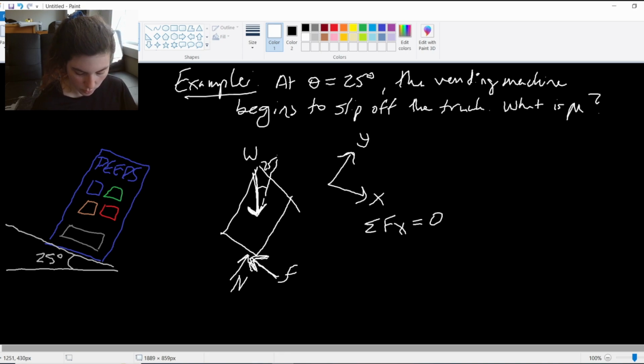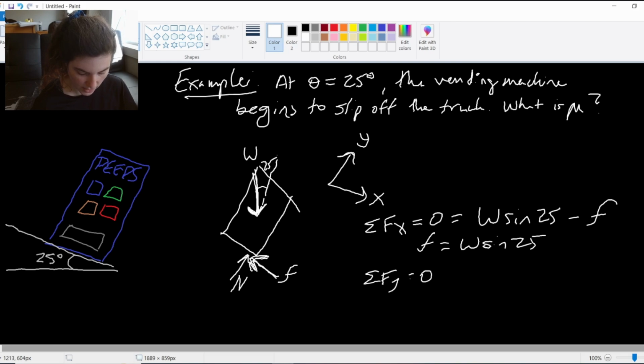I take my equilibrium equation, sum of Fx equals 0. I'm going to have W sine 25 minus the friction force. And that's it. So if I solve for F there, I get F is W sine 25.